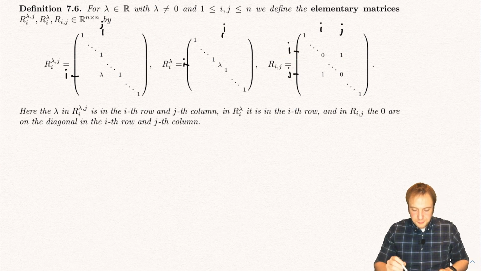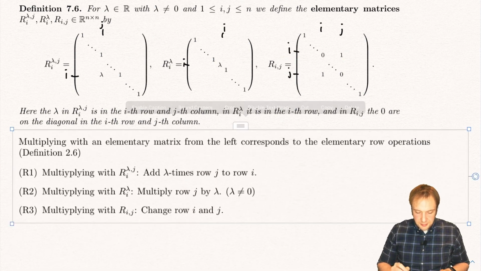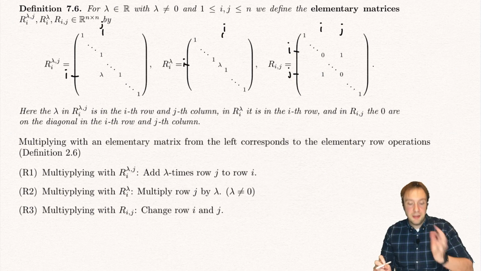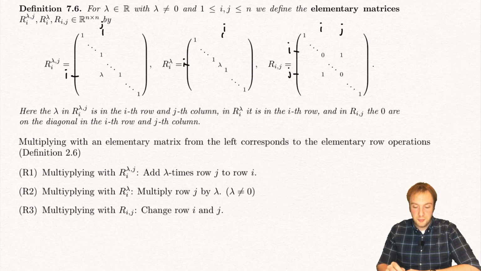And the statement is that multiplying with an elementary matrix from the left corresponds to these row operations.